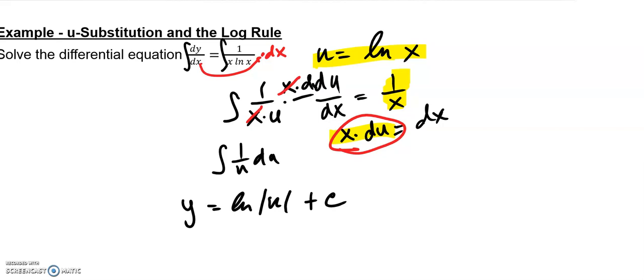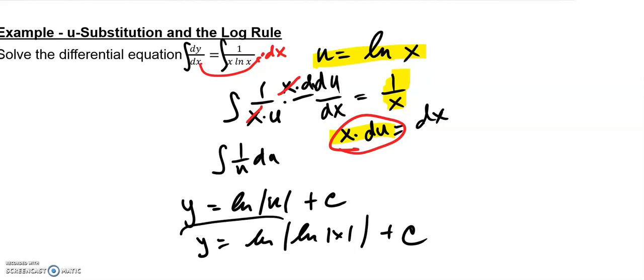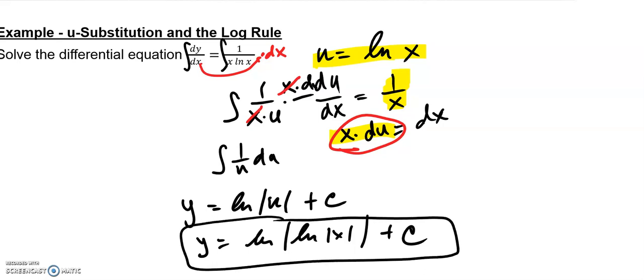Right, and then when you plug in your u, which is the natural log of x, you get y is equal to the natural log of the absolute value of the natural log of the absolute value of x plus c. And that would be your solution to that differential equation.